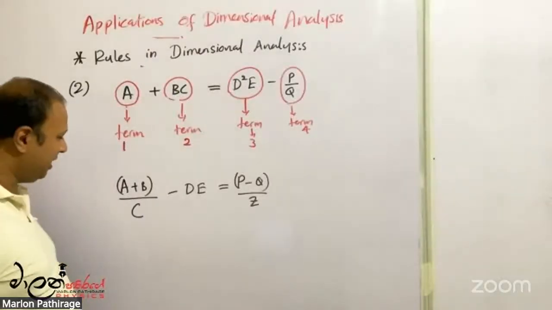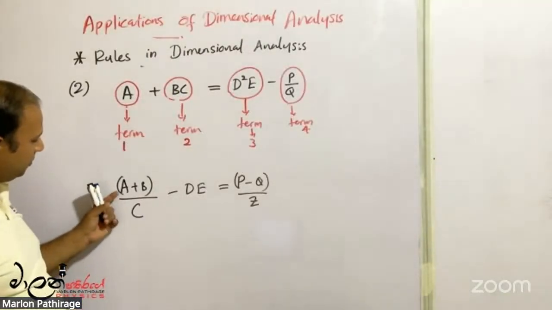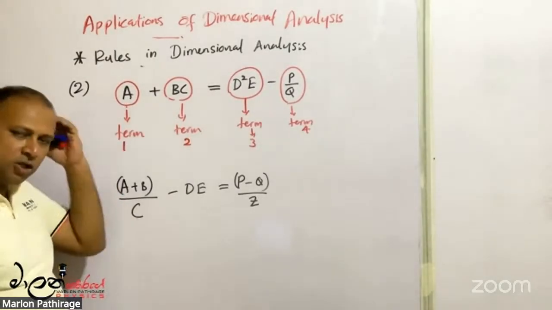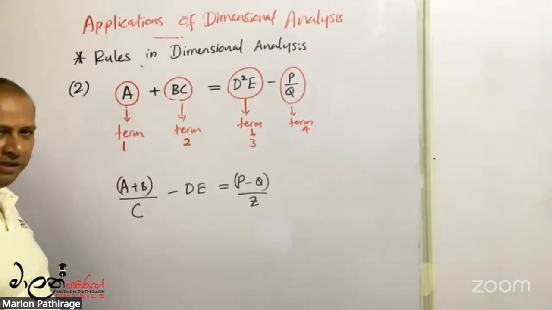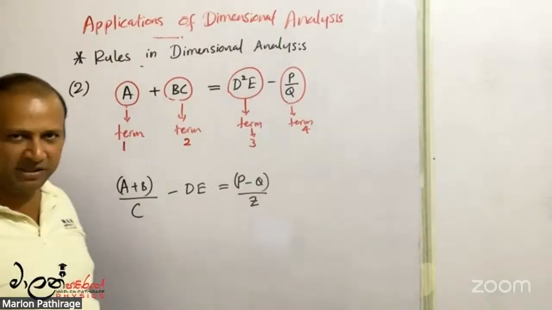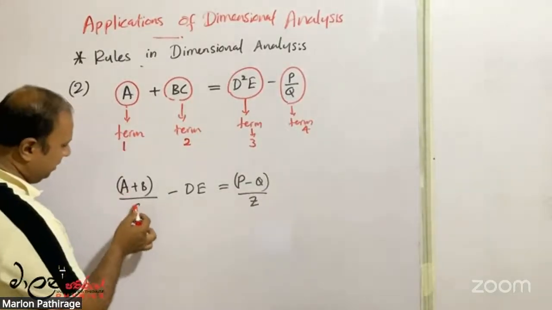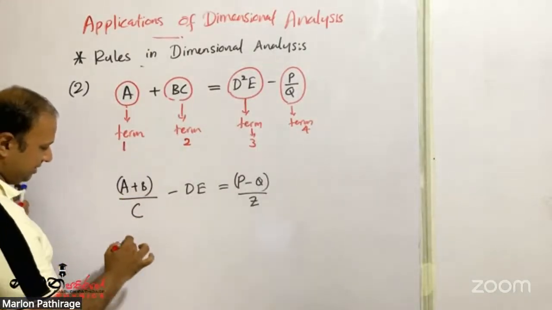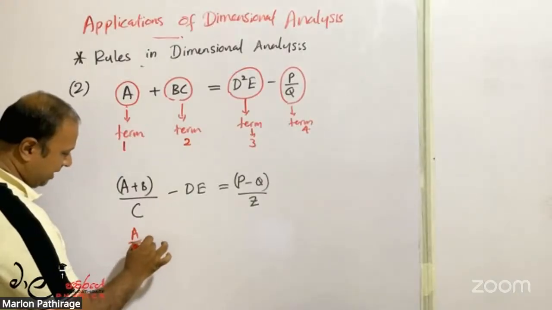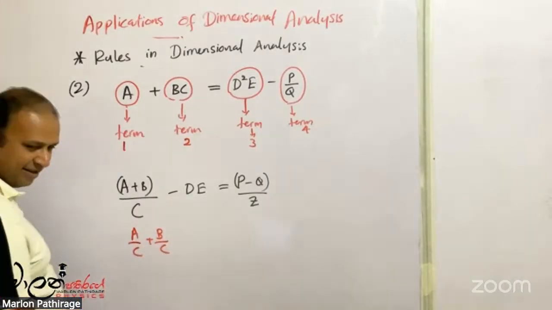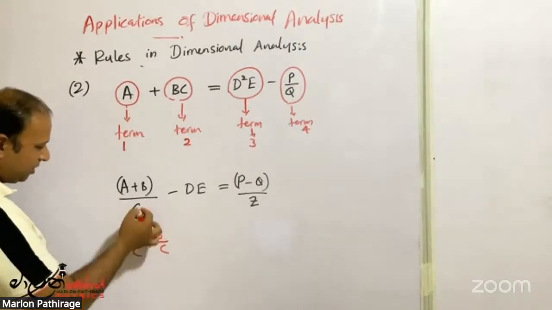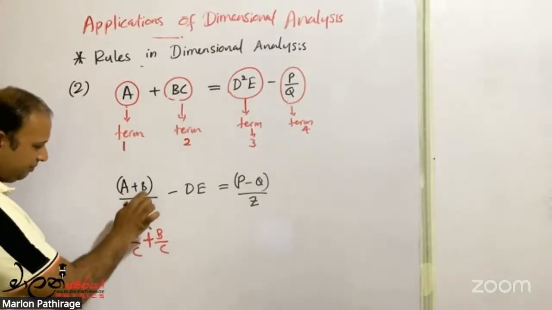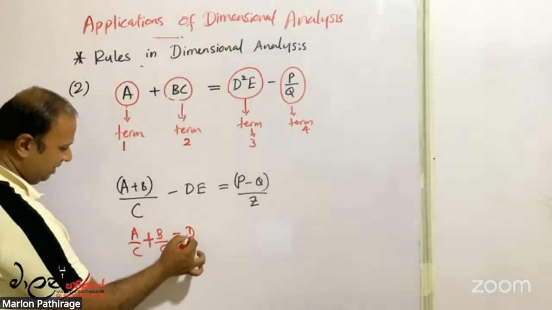There is a very small mistake here. You don't have to consider this one separately. Actually, there are two methods. First, you can divide it separately: A plus B over C equals A over C plus B over C. Therefore, without considering this division, you can think like this: A over C plus B over C minus DE.